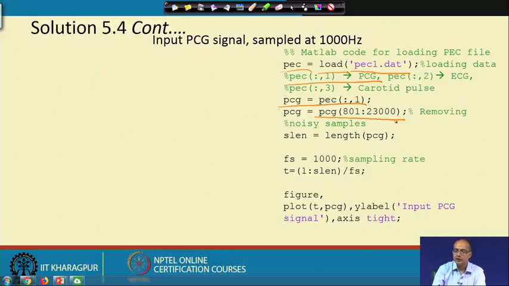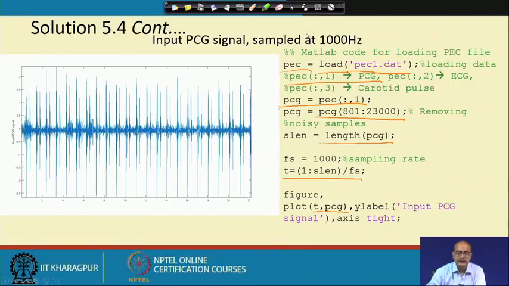And then we compute the length of the signal, and we can create the corresponding time axis here using that number of samples and the sampling frequency, and then we plot that signal, that PCG, with respect to the time. Okay. So, let us see how that signal looks like.